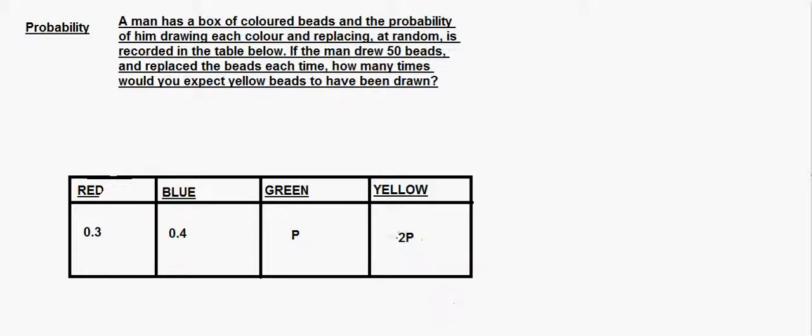So 2p plus p would be 3p plus 0.4 plus 0.3, and we know that that will equal 1.